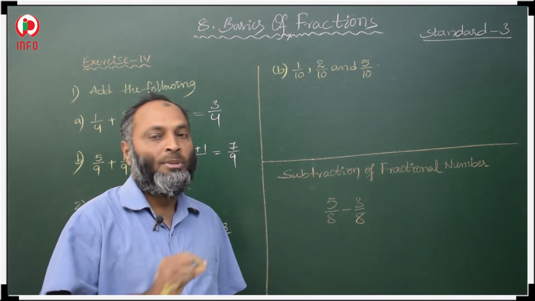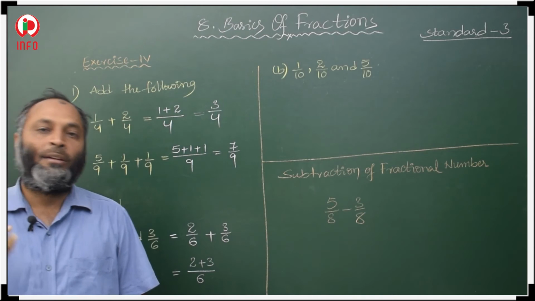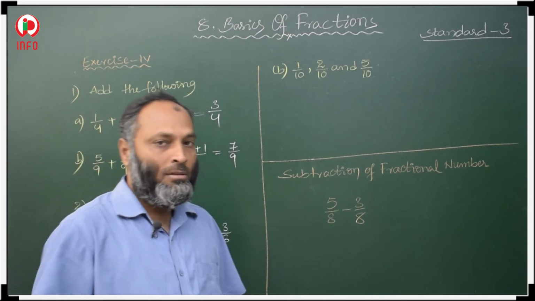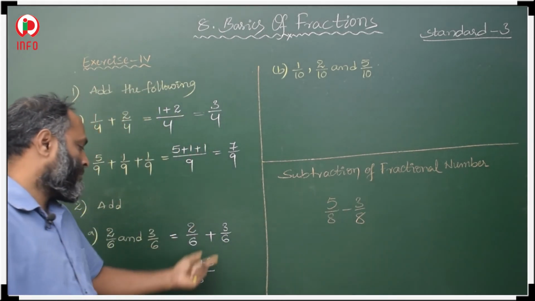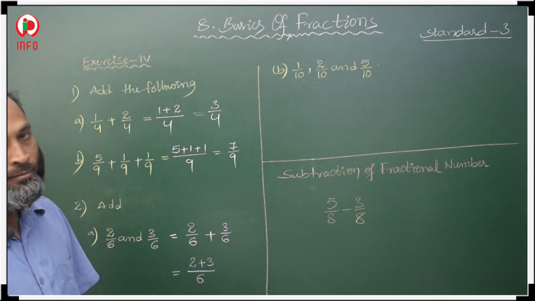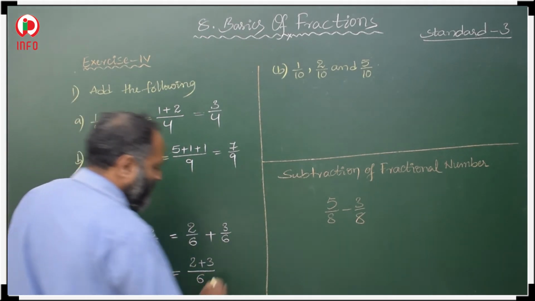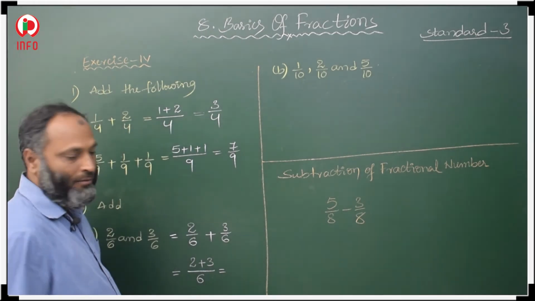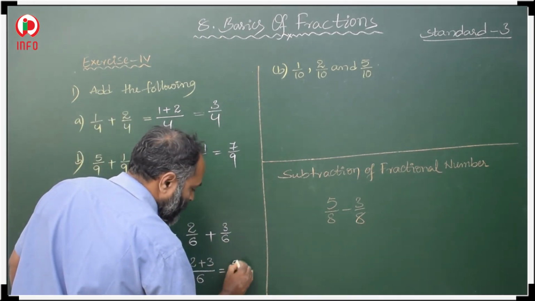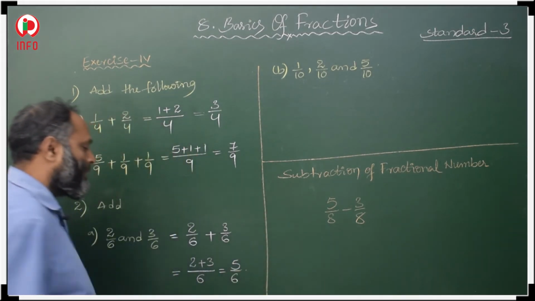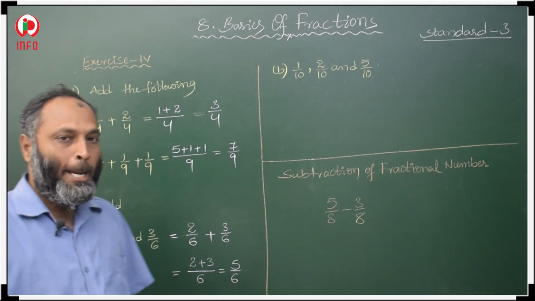So, sum of the numerators by the common denominator 6. Then 2 plus 3 is how much? 2 plus 3 is 5, so 5 by 6. This is the sum. Okay.